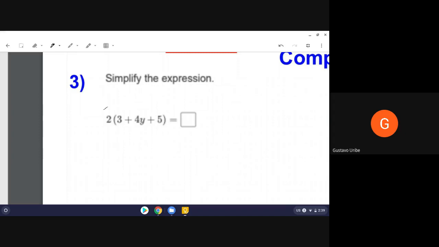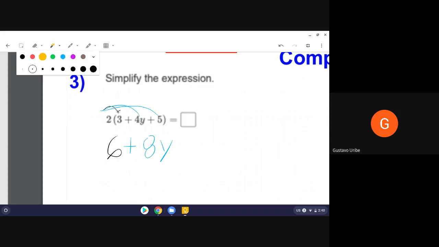Okay, so 2 multiplied by 3 gives me 6, because they're both positive, so same signs. 2 multiplied by 4 here gives me a positive 8, and this has a y, so we're going to stick the y at the end. And then lastly, everything in here was positive, so we're just leaving it as positives.